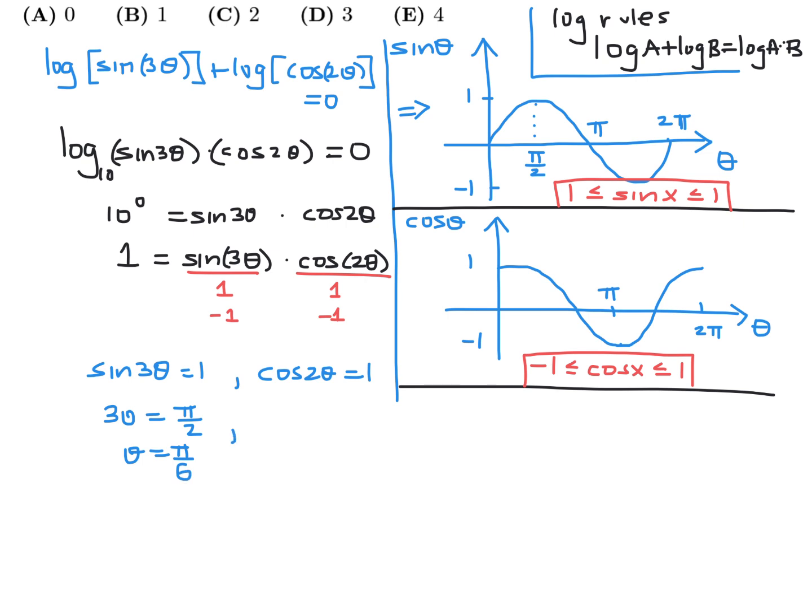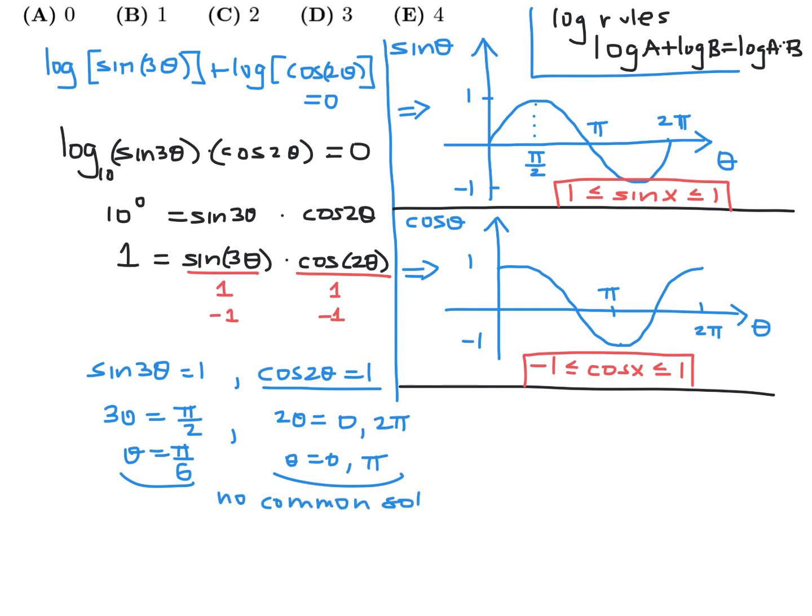Now let's go to this one. If cos of 2 theta is 1, then 2 theta is either 0 or 2 pi, which means theta is either 0 or pi. Well, pi over 6 and these have no common solution. So, no solution there.